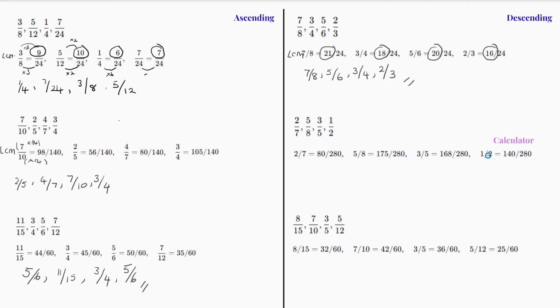And the biggest is going to be 175. So that's 5/8. 3/5, a half, 2/7. And then our last one, same again. I didn't really have to do listing for this one or a calculator.